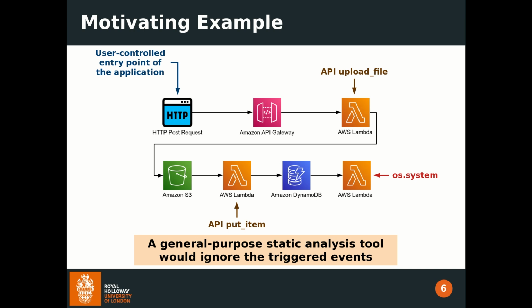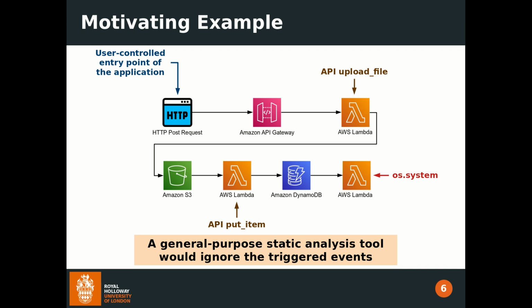The problem is that part of the information provided by the user in the HTTP post request is used in the last handler to execute a system command. This means that this application includes an event-triggered data flow that leads to code injection.